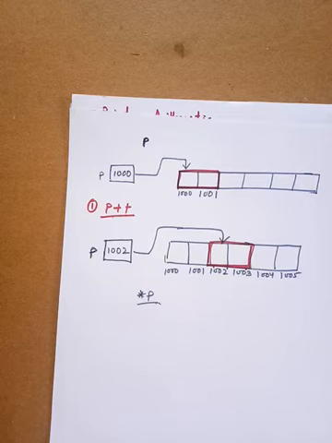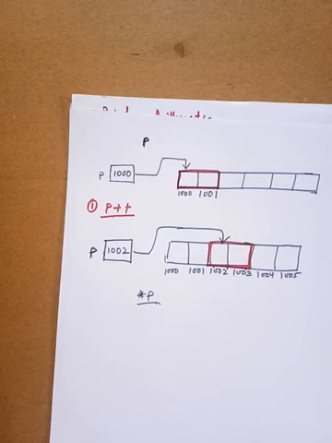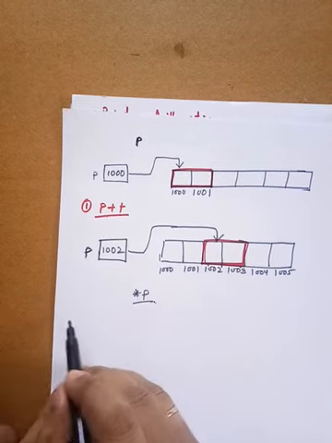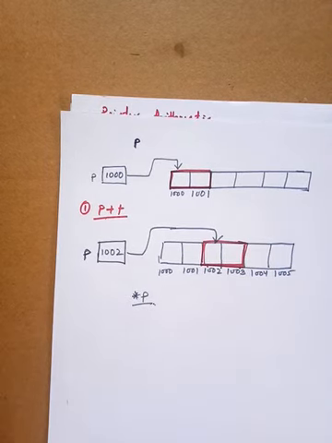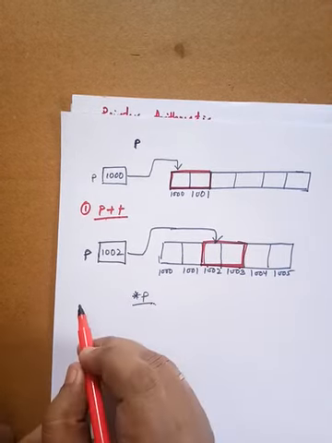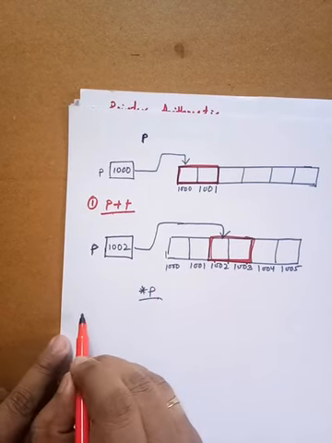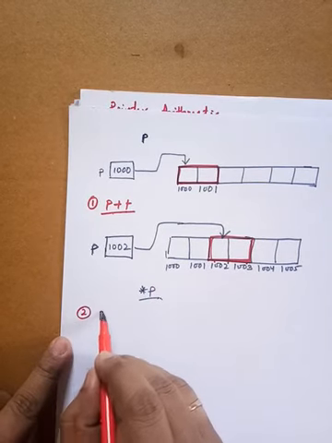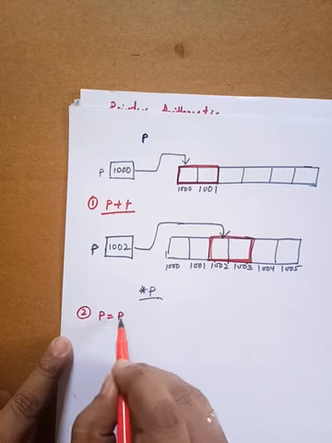Okay, now we'll see how that will be changed when we increment by 2. The second example is p is equal to p plus 2.